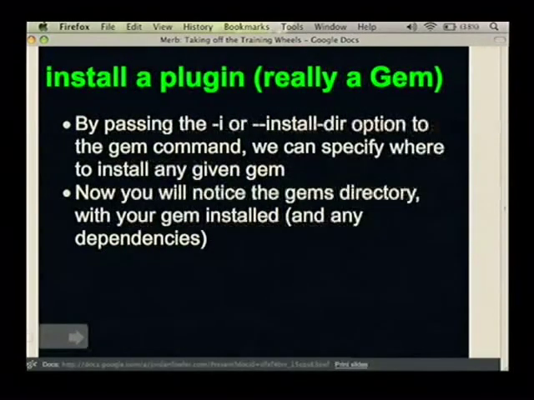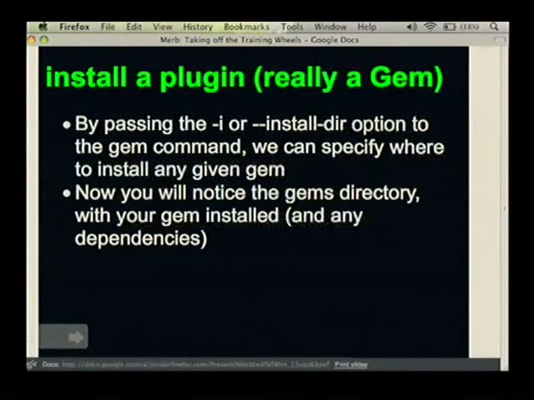Oh, not later. So, you might know about this, when you install a gem, you can pass -i or --install-dir, which specifies the root of where you're going to store all your gems. This is the directory that you want to store all your gems, and you can specify that for any gem.